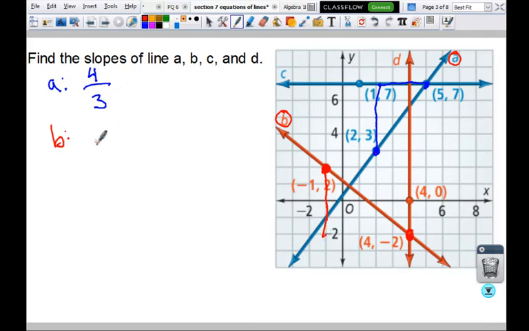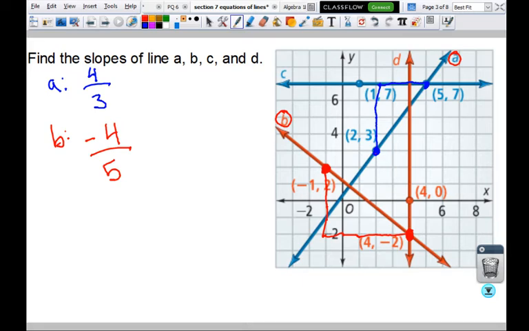So my rise is actually negative. And then over, I just have to count how far I'm going over. 1, 2, 3, 4, 5. So -4 over 5.